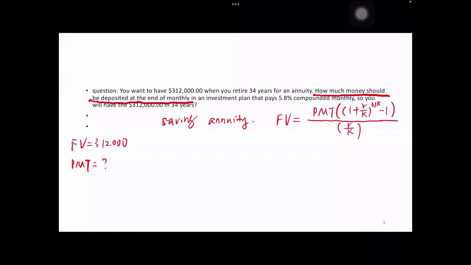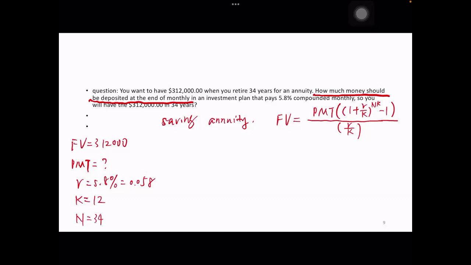Our interest rate, 5.8%, converted to decimal is 0.058. K, because it's a monthly deposit, K equals 12, since 1 year has 12 months. And N represents the time, which is 34 years. That's how we identify the parameter values.